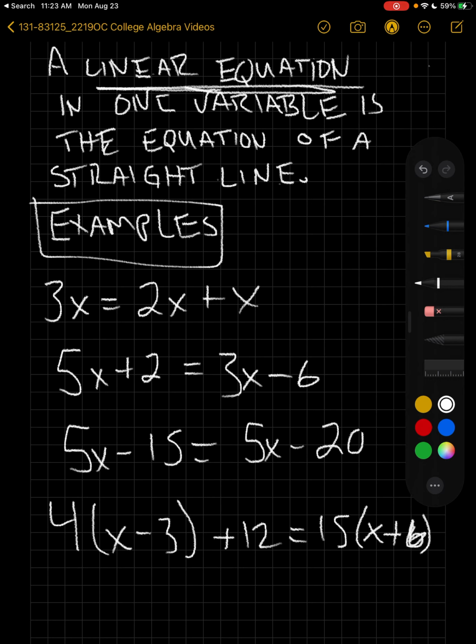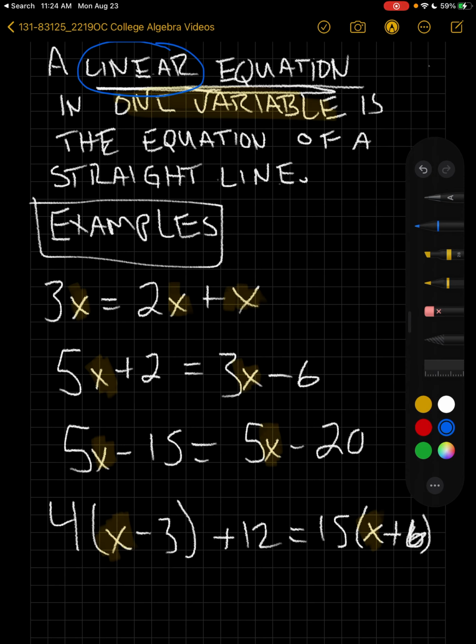And you know that these are linear equations in one variable for a few reasons. The one variable part, I think, is pretty easy to see. If I look at each of these equations, I only have one variable, x. I could use another variable like a or y or z if I felt like it. As long as you can only identify one variable, you know that this is an equation in one variable. But how do I know if it's linear or not just by looking at it without having to graph?